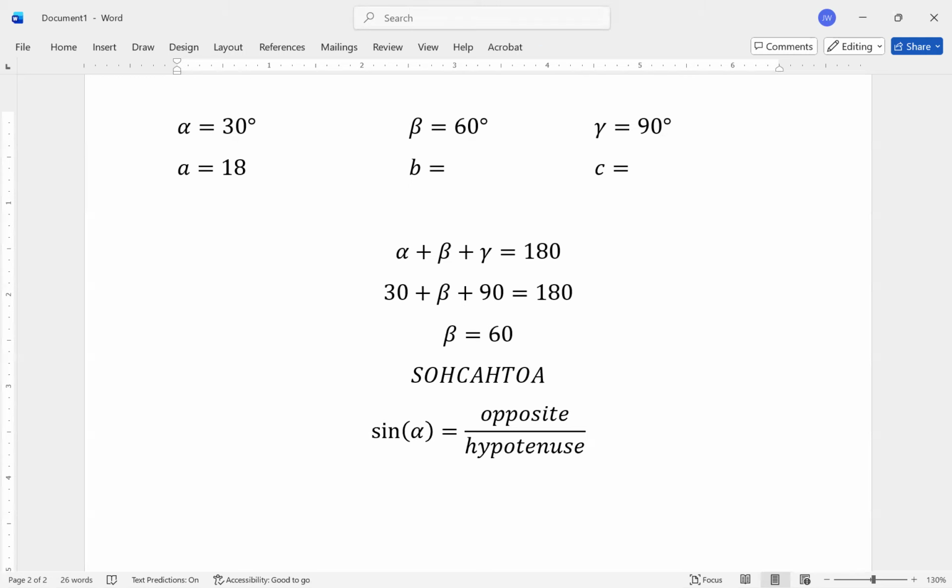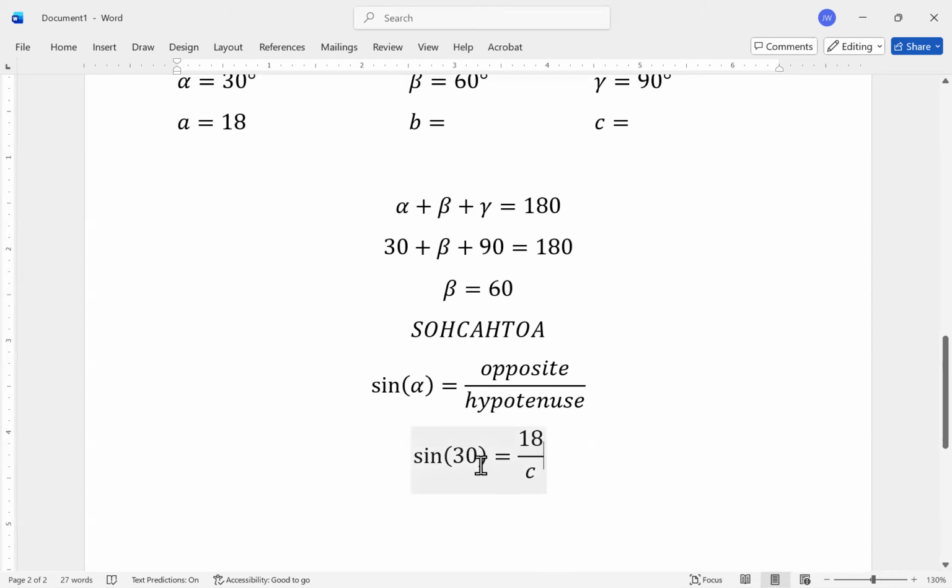In my case, if I'm using alpha, I would take the sine of 30 degrees is equal to the side opposite that. That's, by the way, A in our case, because A is opposite of alpha, divided by the hypotenuse of C.